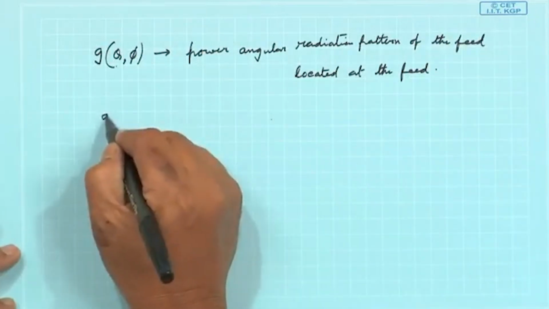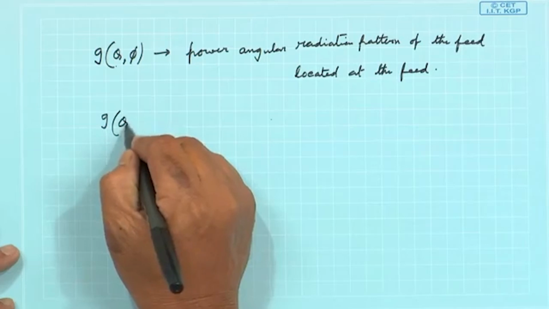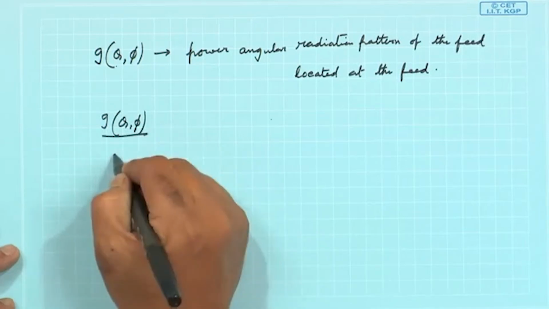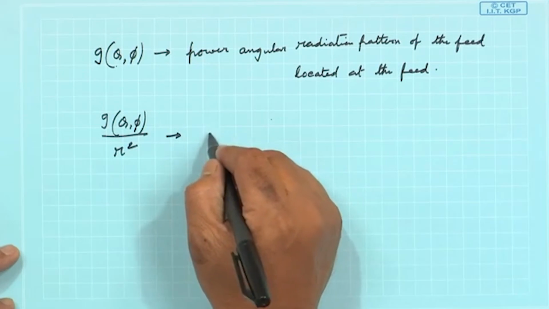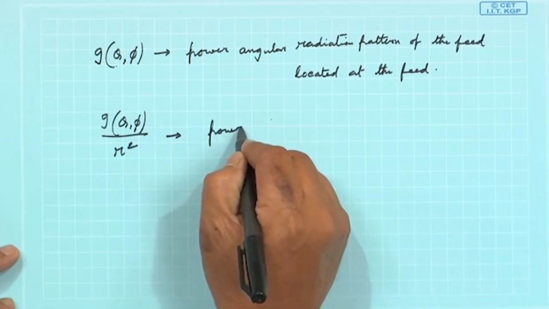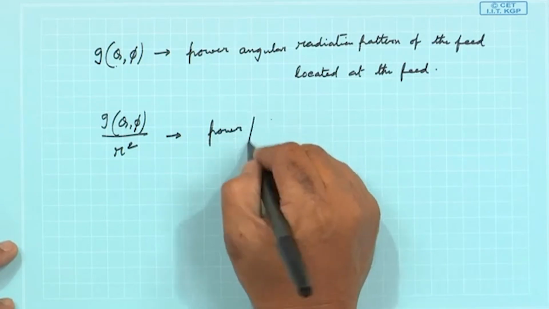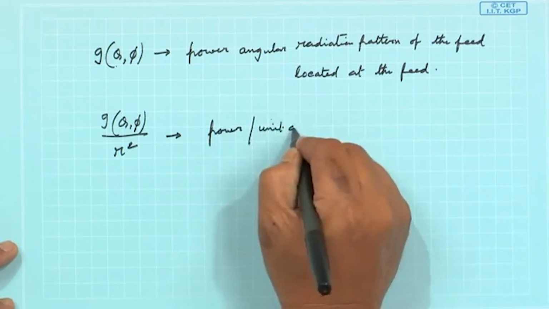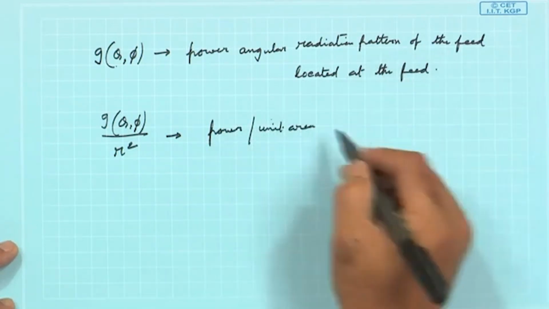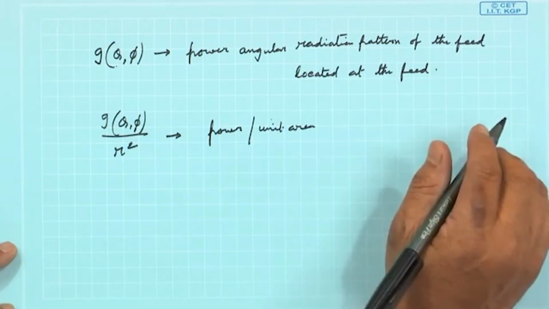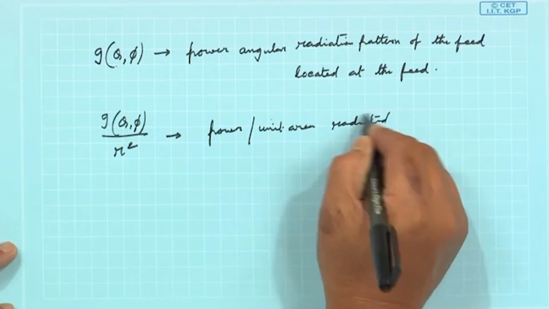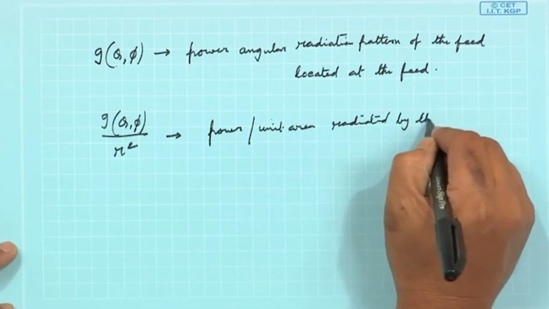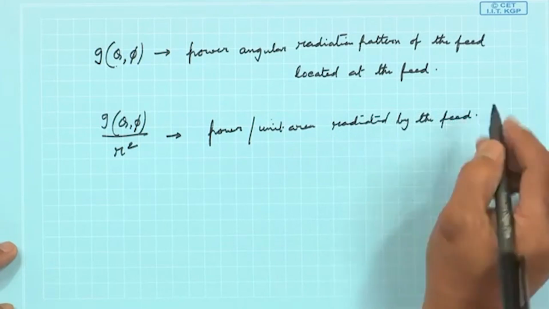So, can I say that g theta phi by r square is the power per unit area radiated by the feed. Okay.